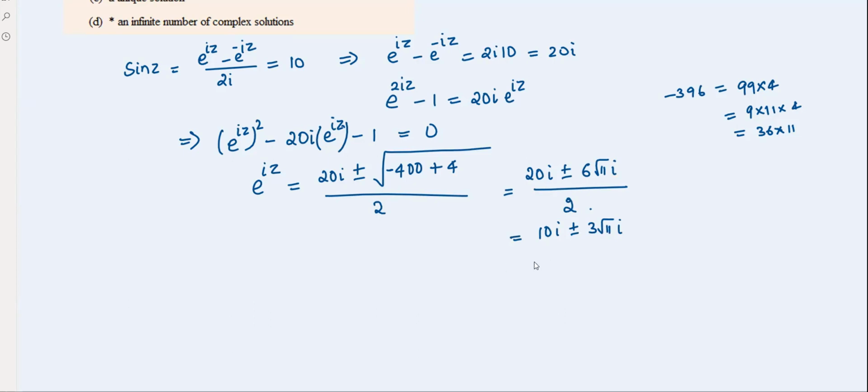Now this is a purely imaginary number, with two values, plus and minus. So you have (10 plus 3 root 11) i or (10 minus 3 root 11) times i.